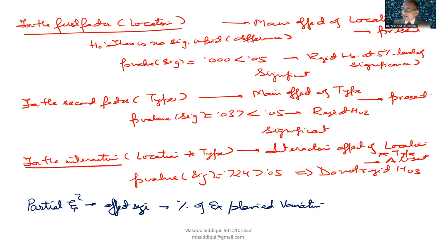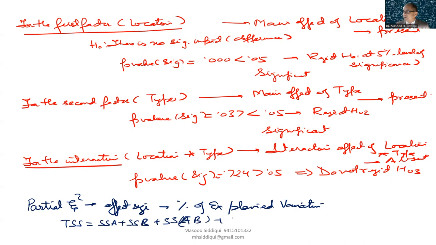Remember, when we discussed the partitioning of sum of squares, we have SSA, sum of square due to A. Then we have SSB, sum of square due to factor B. The next one is SSAB.